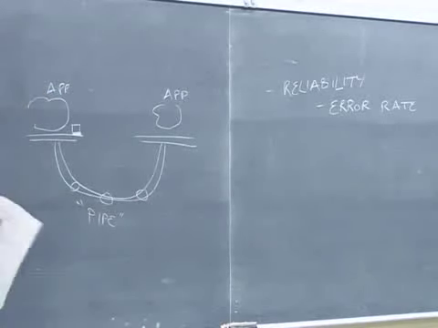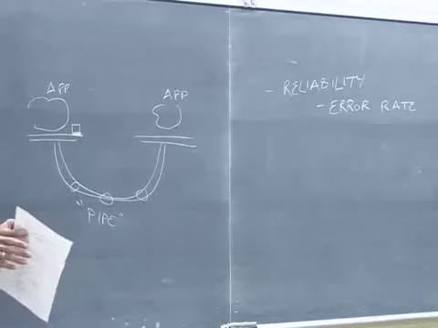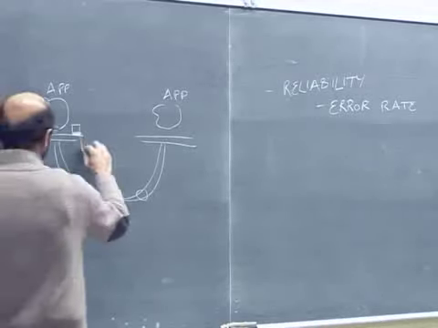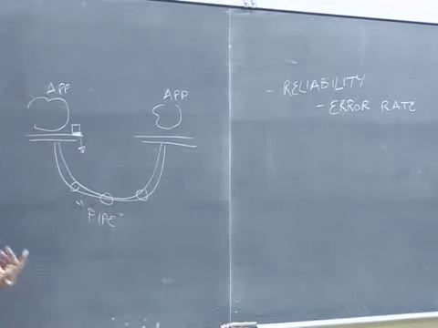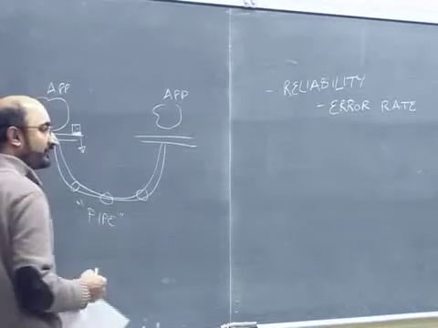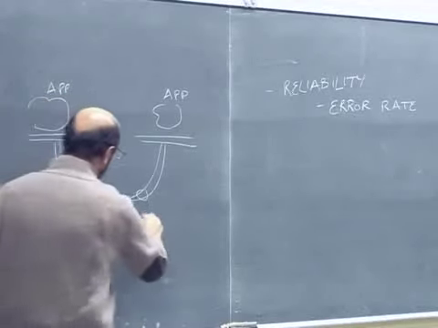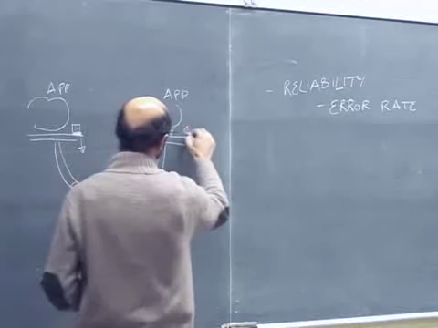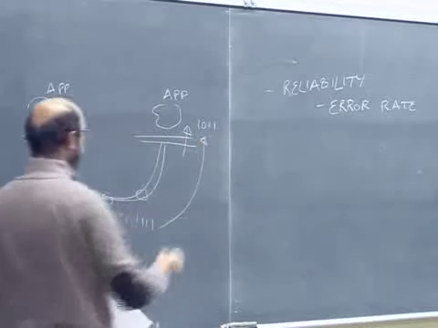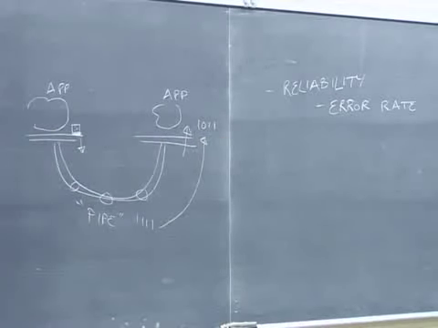If you remember, a datagram is a piece of data with a header on it, and the header says this is where I'm supposed to go. So I put it into the pipe, and then one of two things could happen to it. One thing that could happen to it is that the bits inside could get messed up. So I might send a string of 1111, and what might come out may be 1011. And so what's happened is that along the way, some of the bits got flipped.